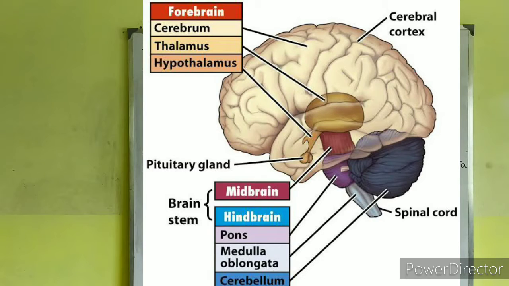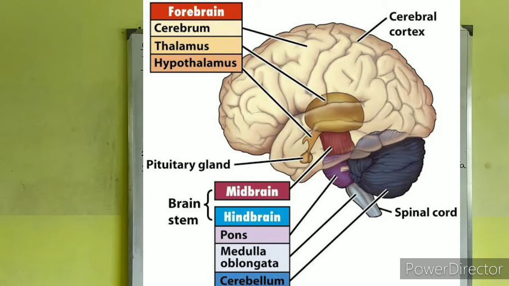In this picture you can see it is showing the different parts of the human brain. First you can see the forebrain. The forebrain consists of the cerebrum, thalamus and hypothalamus. Students, you observe the labelings properly, where it is labeled as cerebrum, thalamus and hypothalamus.